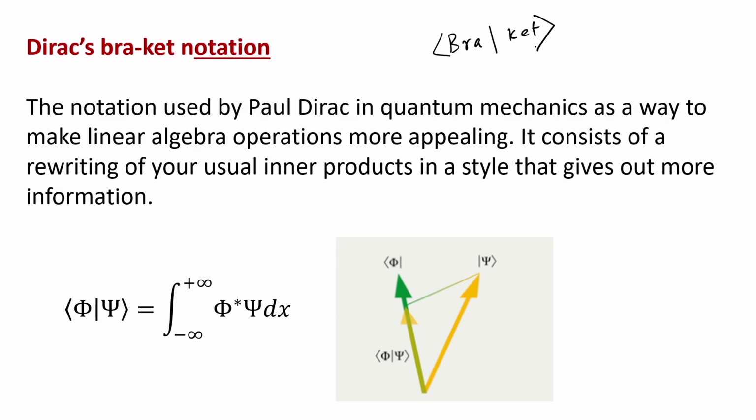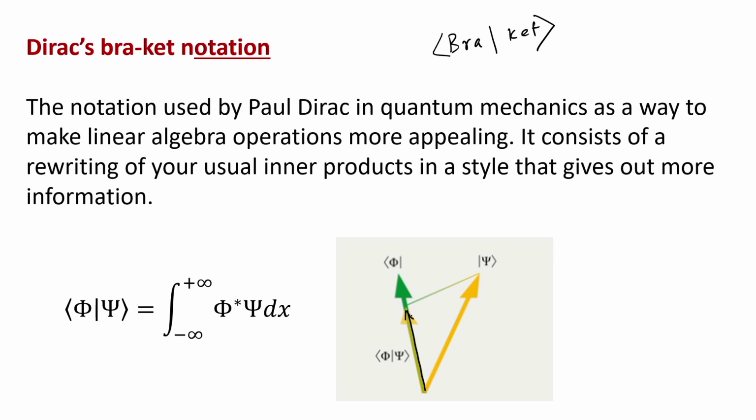If you look at the picture that is given, say psi is a vector which is pointing in the direction shown by this yellow line, and phi is also a vector which is shown here in green color, and an inner product, that is phi psi, is simply the projection of psi on this phi, and it is given by this line that you see here.